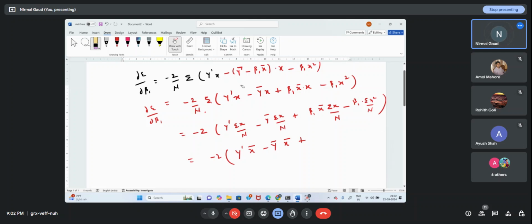I require these values, x bar x minus beta 1 x square.